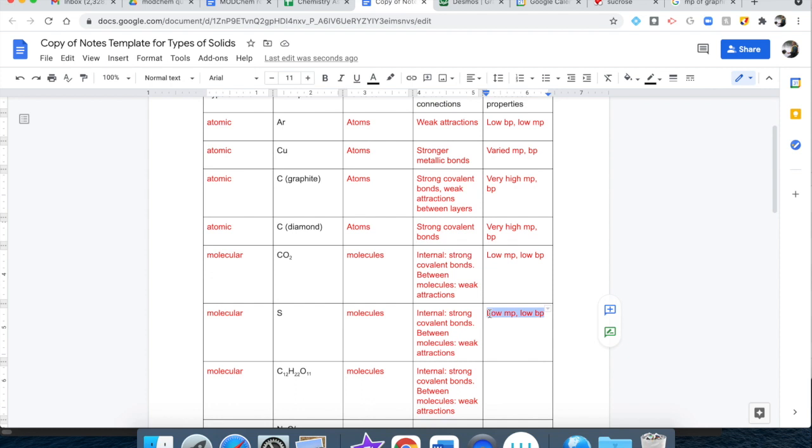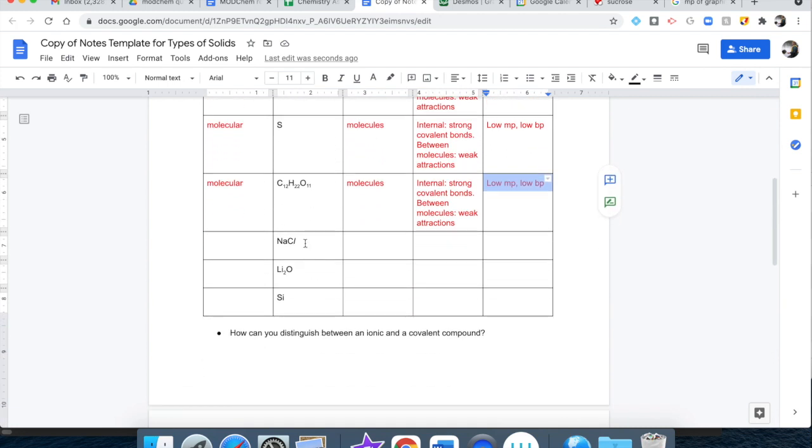And so that results in the same properties in terms of melting point and boiling point. Low melting point, pretty low boiling point for sugar. This is sucrose, this particular kind of sugar. There's lots of sugars, but they're all molecular. One of the things that we notice here is that all of these molecular substances are made of non-metals. Carbon, oxygen, sulfur, hydrogen, those are all not metals.